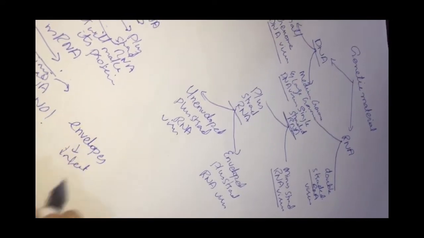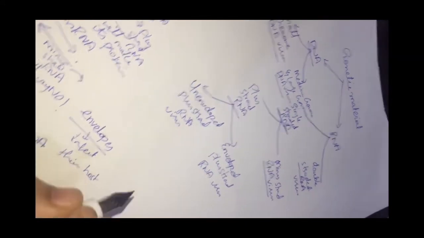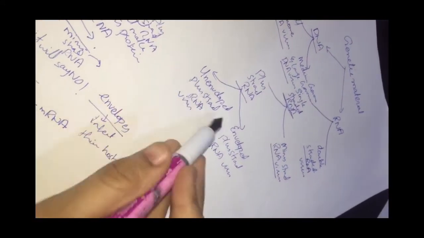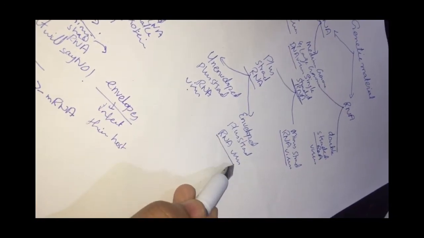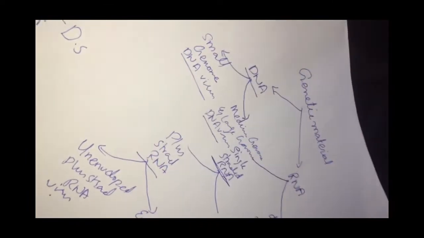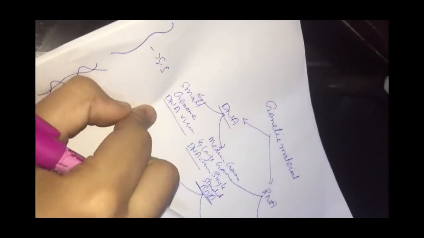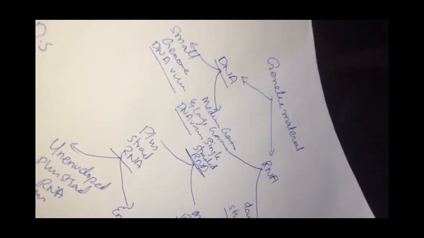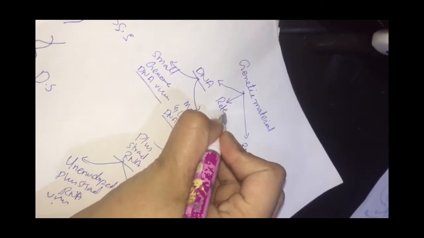Some viruses lack these structures. Those are called unenveloped plus-strand RNA viruses, whereas those in which envelopes are present are called enveloped plus-strand RNA viruses. And DNA viruses can be classified into either small genome DNA virus or medium and large genome DNA virus. There is a mid category between them, which is retrovirus.